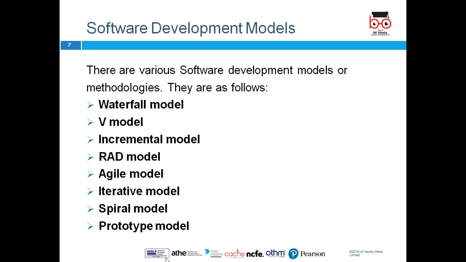However, the V-shaped model or incremental model have some variations in them. The agile model says that you should carry out the system development depending on the workforce you have. Right. The waterfall model can be adopted by any individual.